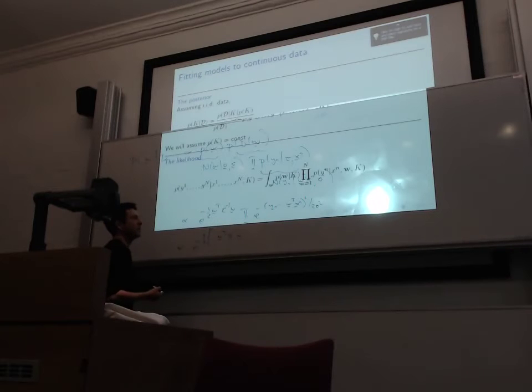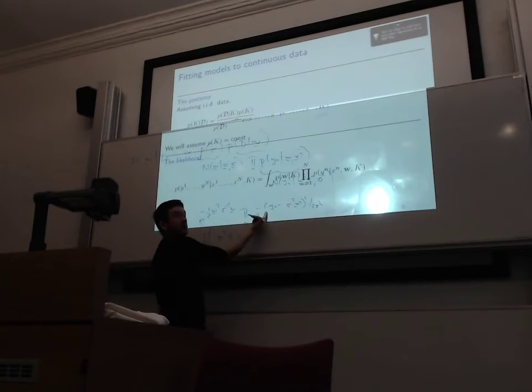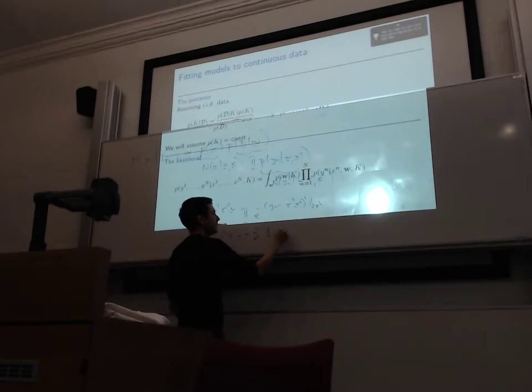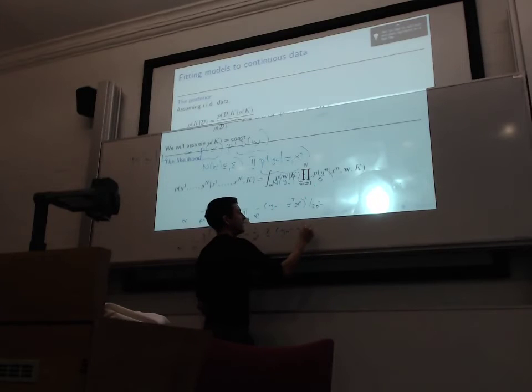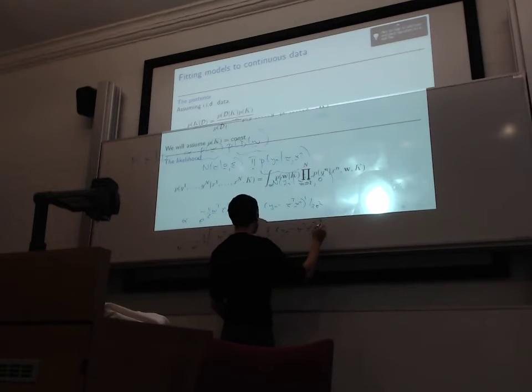From here, this product you can put in the exponent to give a sum. So we get 1 over sigma squared, the sum over n of (Yn minus W transpose Xn) squared.